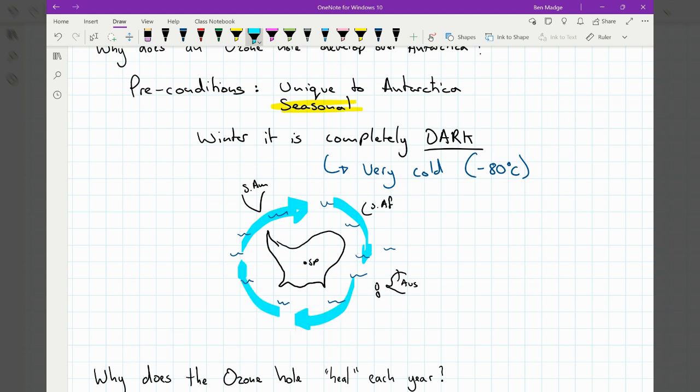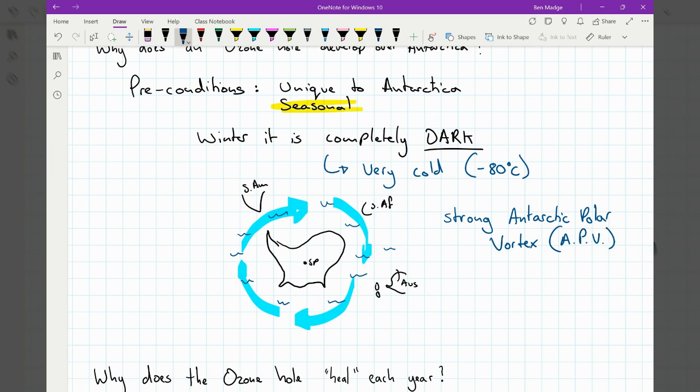And because of the extreme cold over Antarctica over the winter, this polar vortex is strengthened. And it's called the Antarctic Polar Vortex, the APV.